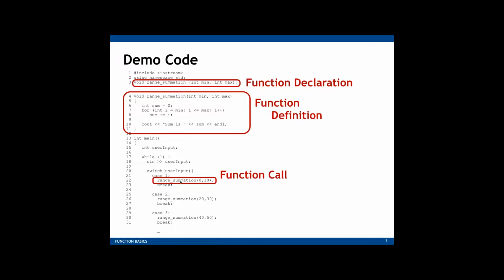And here we are using a function, the range summation function. This is how you use an already defined function. Put the name of the function, and if necessary, pass some values to the function within round brackets like this. What I mean by if necessary is that if the function requires some input values, here the range summation function requires two int values, so we are passing two int values when we call this function.